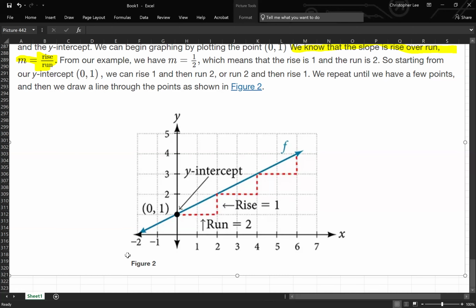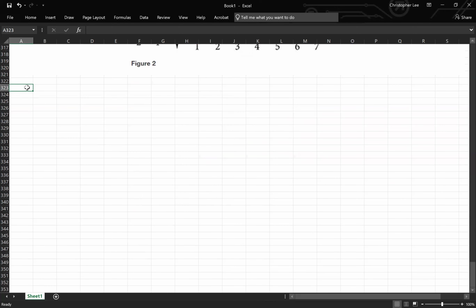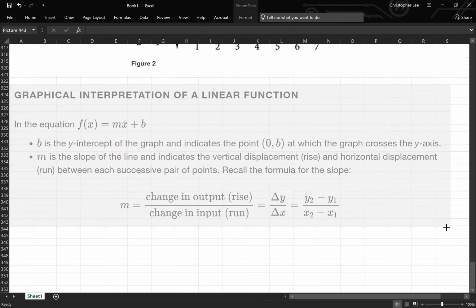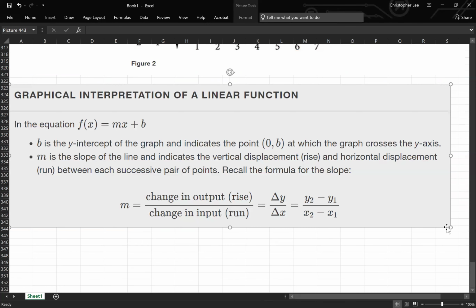Let me just recap the whole rate of change thing. So, graphical interpretation of a linear function.